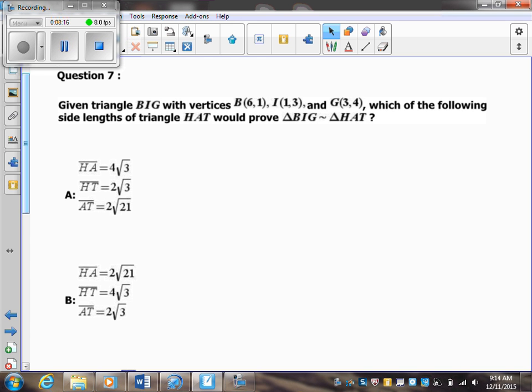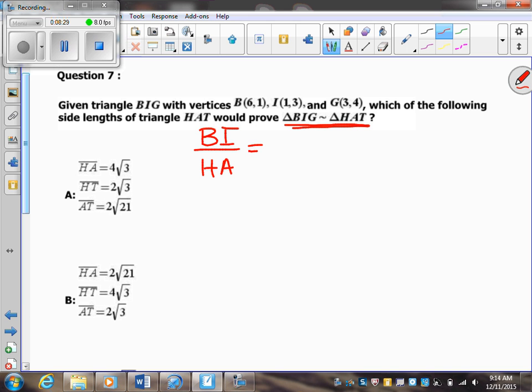The process is you have to find the ratio of, so to get you started, knowing that these two triangles are similar, I know BI over HA is going to be congruent to IG over AT, congruent to BG over HT.